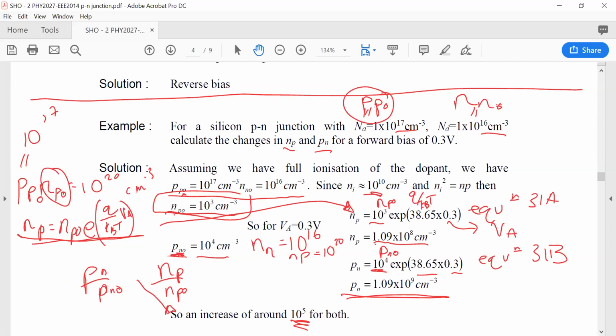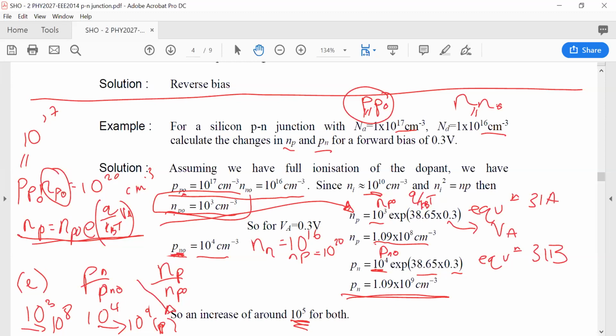We started out with 10 to the 3 and 10 to the 4, and now the 10 to the 3 one has gone up to 10 to the 8, and the 10 to the 4 has gone up to 10 to the 9. So the number of holes has increased by five orders of magnitude, and the electrons have also gone up from 10 to the 3 to 10 to the 8. That is a quite significant increase, much bigger than you would see for the majority carrier changes, which is why we neglect those.